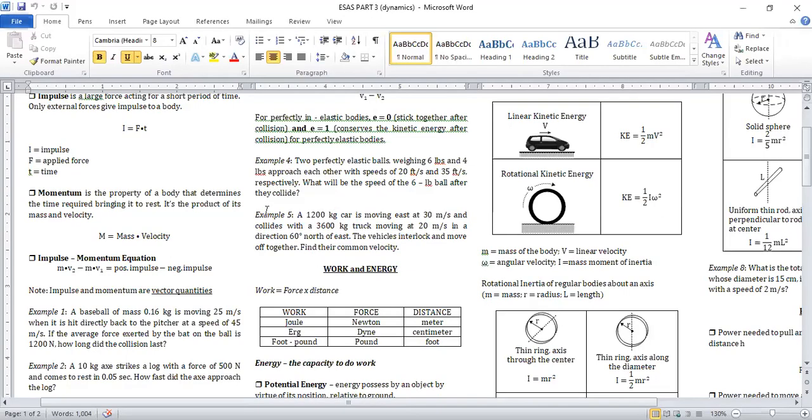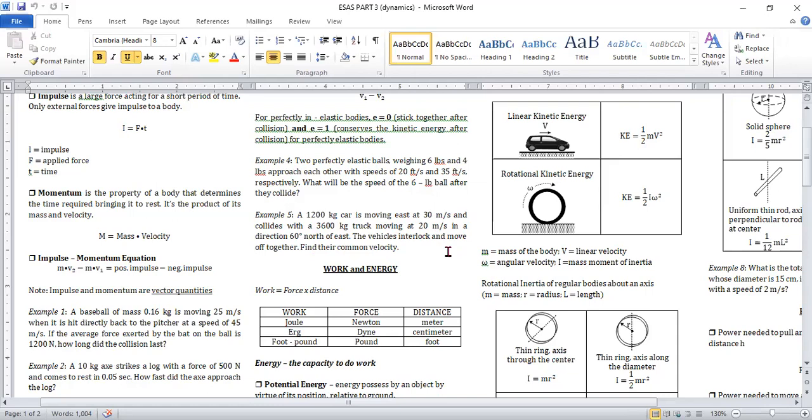For item number 5, you have a 1,200 kilogram car that is moving east at 30 meters per second, and it collides with a 3,600 kilogram truck, which moves at a speed of 20 meters per second in a direction, take note, 60 degrees north of east.